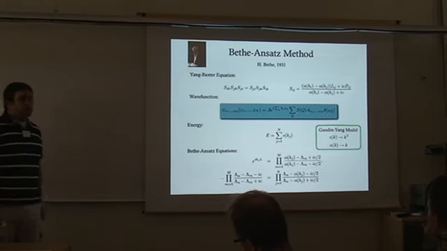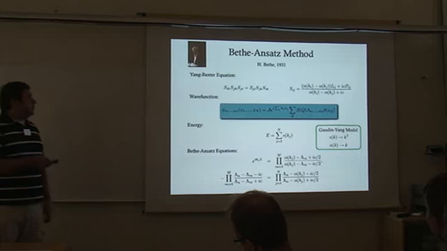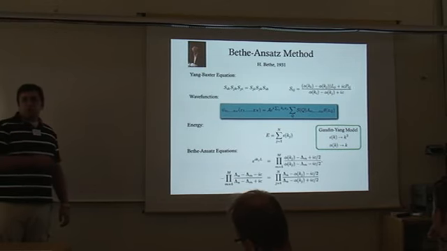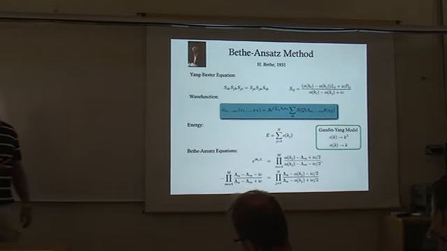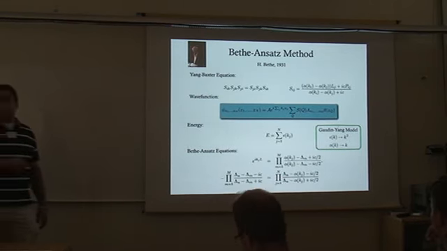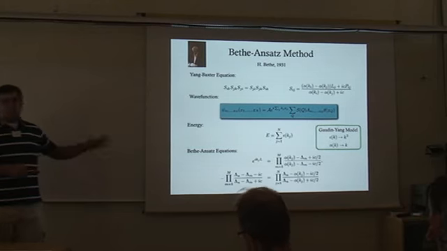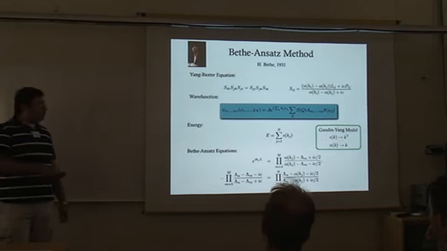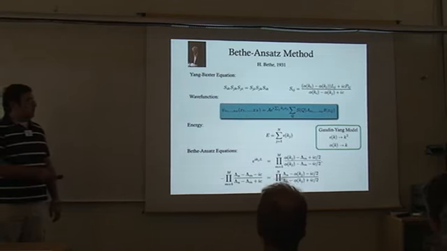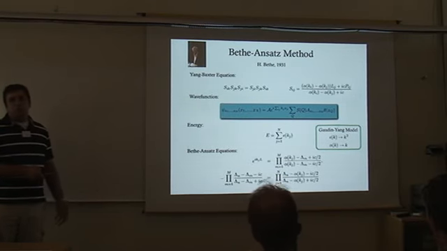That's why they can be solved exactly, and their Green's function can be given this way, and the eigenenergies in this way, where epsilon of k is the dispersion relationship, which is different between different models. And those k's, which are momenta, should satisfy these equations, which are the Bethe-Ansatz equations. So all SU(2) invariant models actually have the same Bethe-Ansatz equations. What is different is epsilon and alpha, which change between different models.